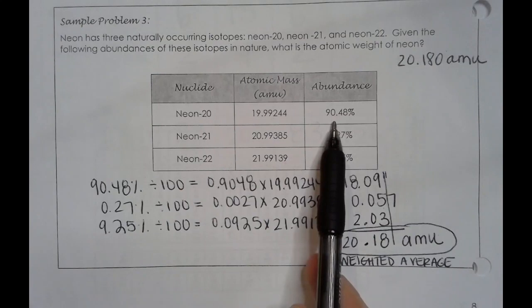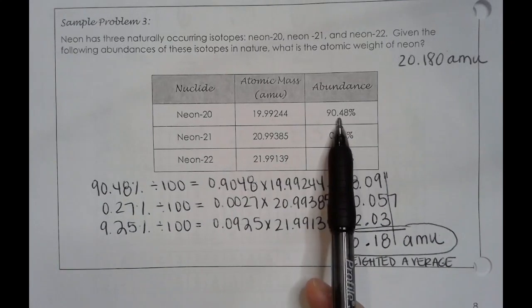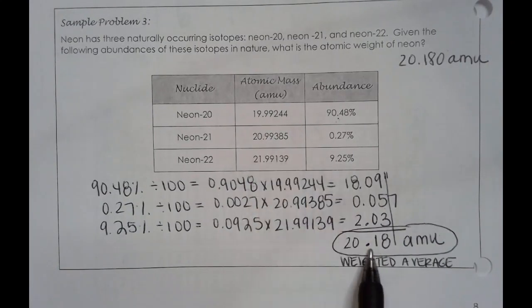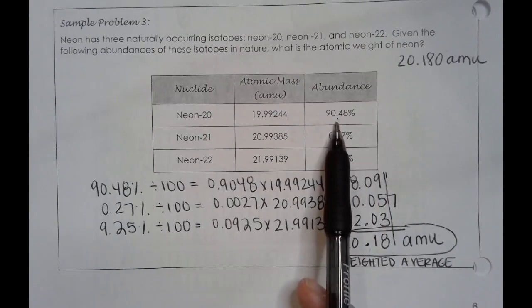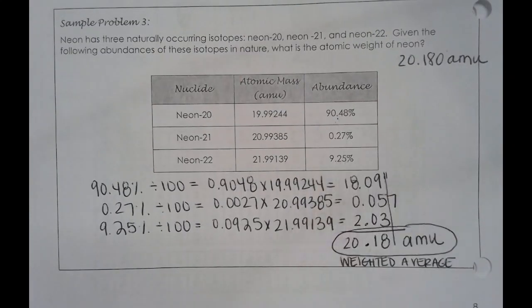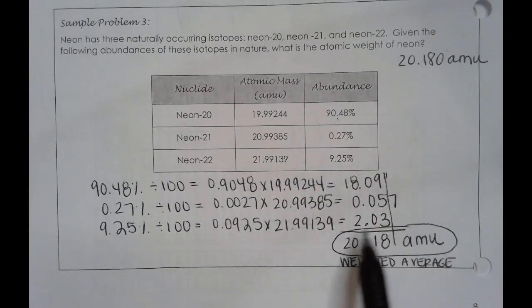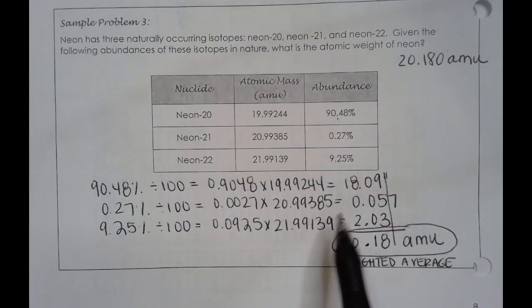Therefore, the atomic weight of neon, the average mass of one neon atom, which again really doesn't exist, should be closest to this mass right here, which it is because neon 20 is the most abundant. So that makes sense. And that's something you should keep in mind as you're doing these as well. The most abundant isotopes are going to have the weighted average closest to those values.